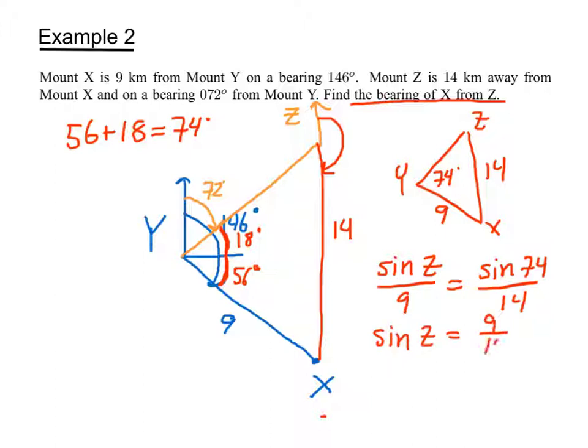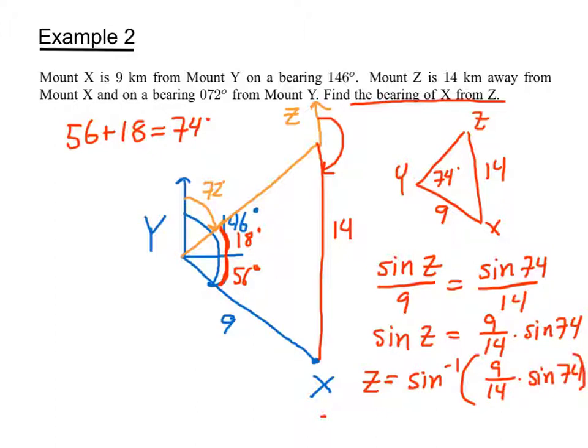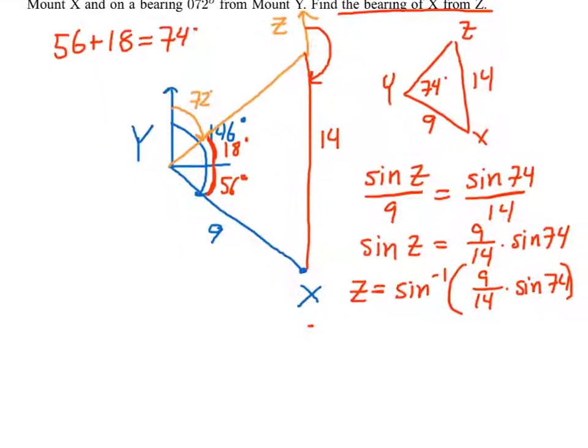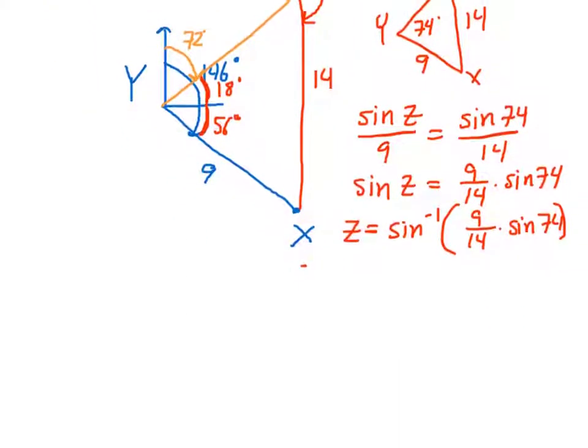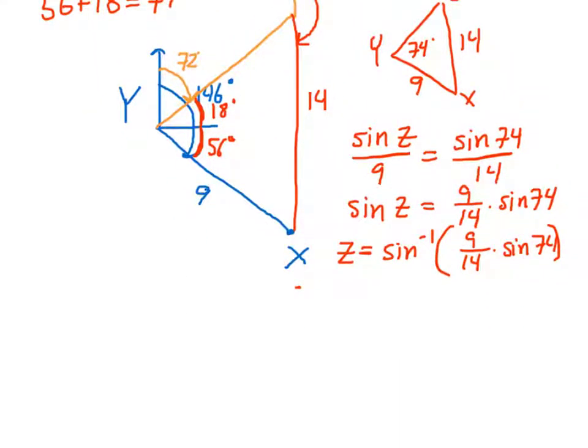So the sine of z equals 9 over 14 times the sine of 74. And if I take the inverse sine here, I can solve for z. And I get that z is approximately 38.2 degrees.